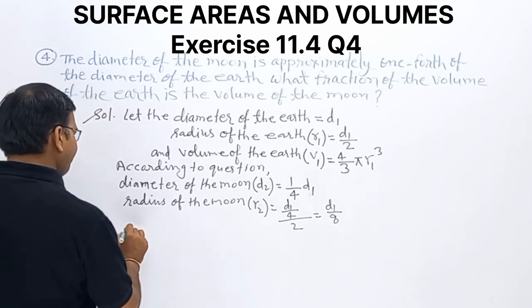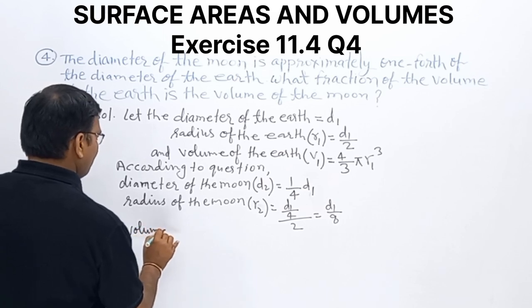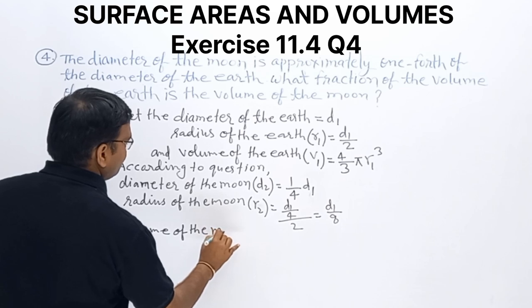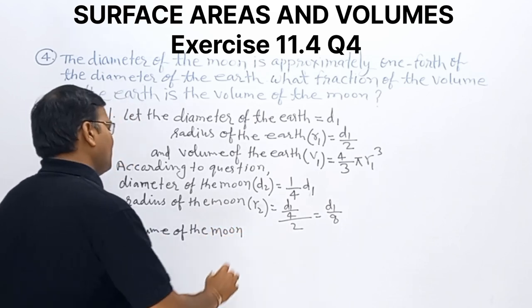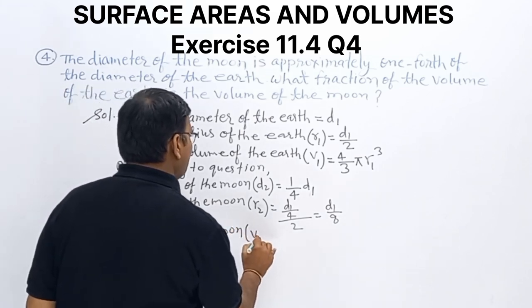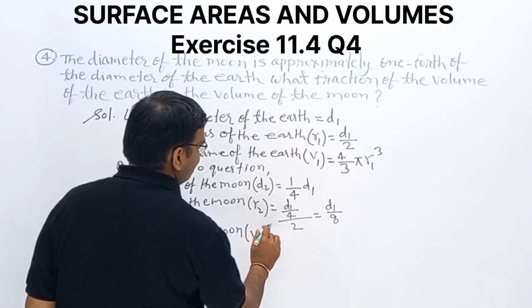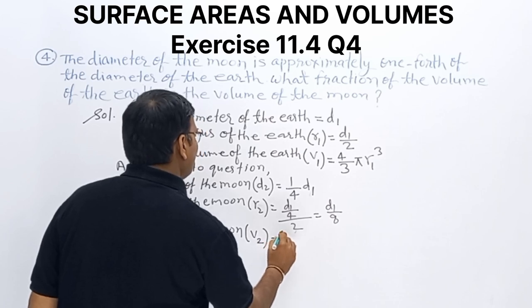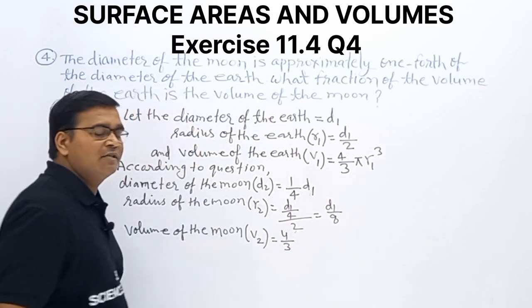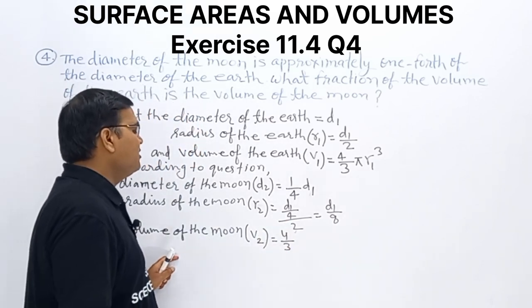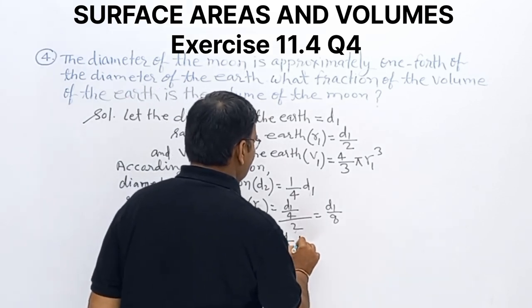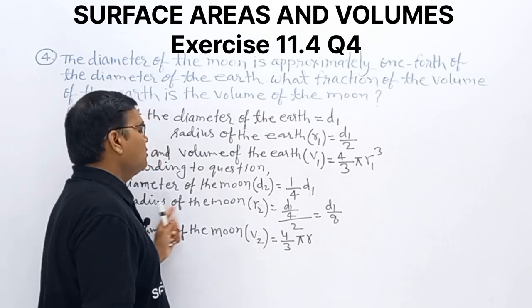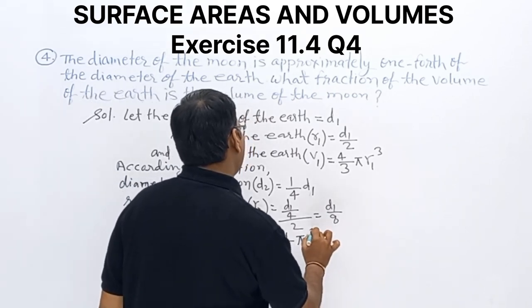So the volume of the moon, I am taking this one as v2. Volume of the moon v2 equal to, the moon is the shape of a sphere, so the volume of the moon will be the volume of a sphere, 4/3 pi r cube, and the radius of the moon is r2 cube.